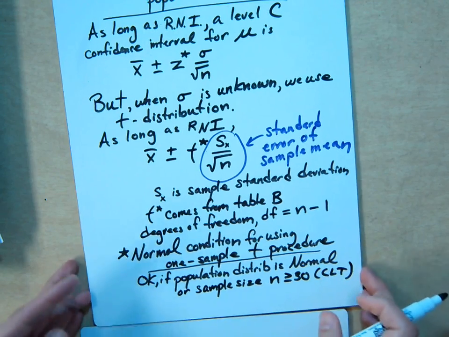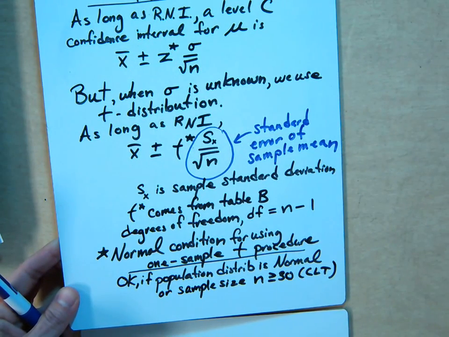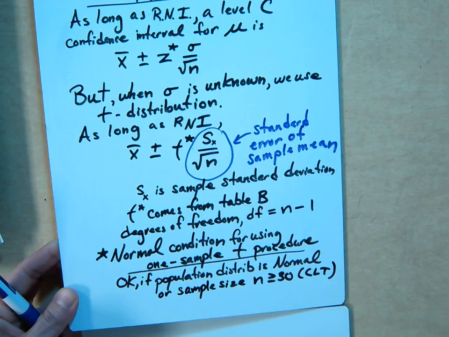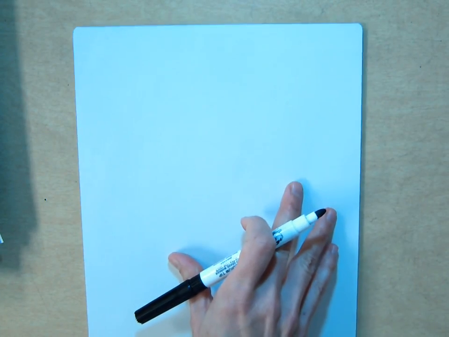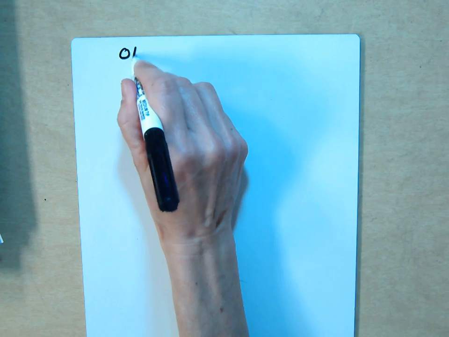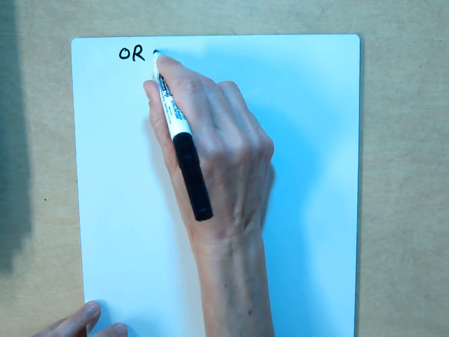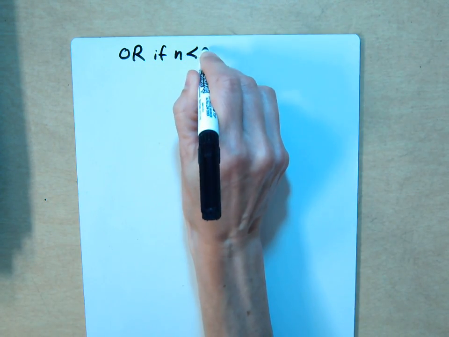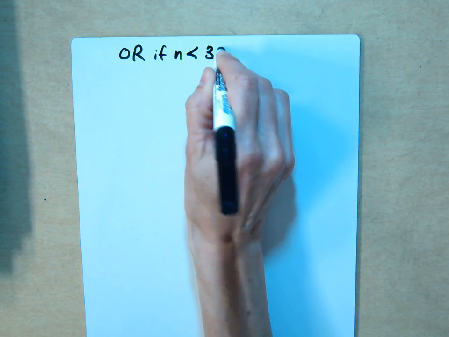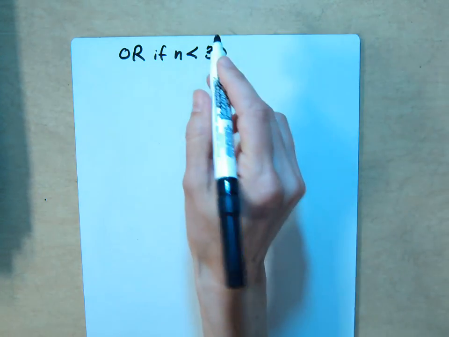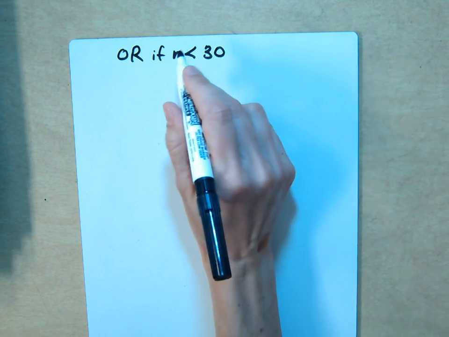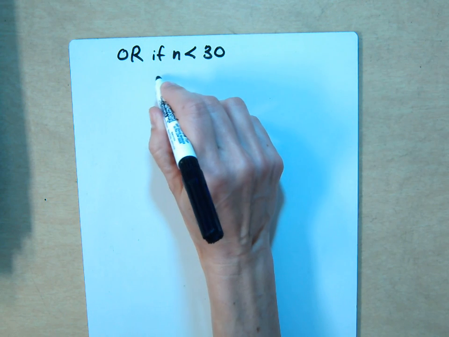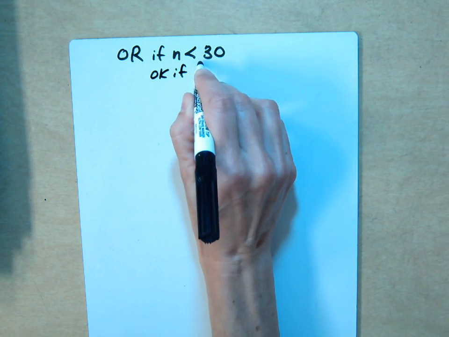But if your sample size is less than 30, now you get to use what we learned in chapter 1. You have to actually look at the data. Normally we would say if n is less than 30 we can't use this procedure, but it's still okay if you look at the data.